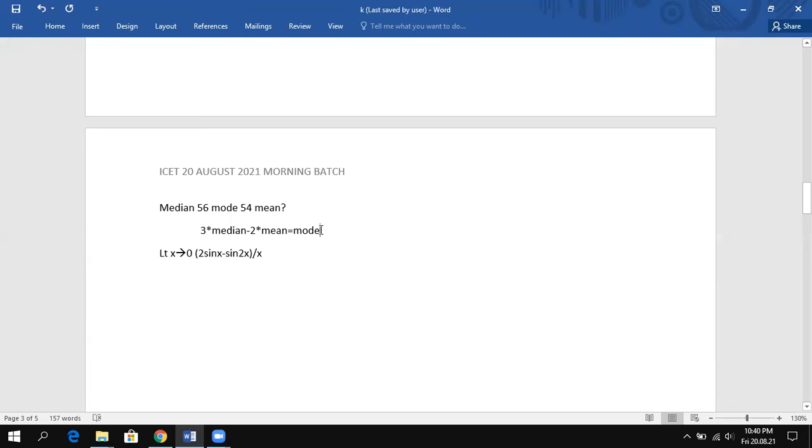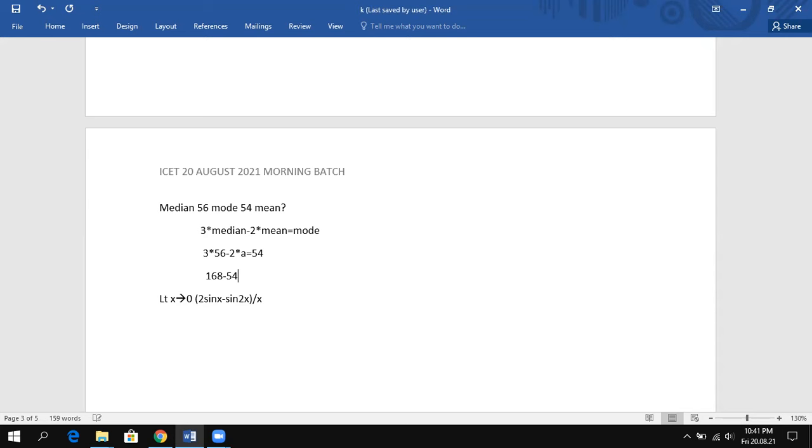So 3 into median, which is 56, minus 2 into mean, which we are supposed to find, let's call it a, is equal to mode, which is given as 54. Now 3 into 56 is 168.